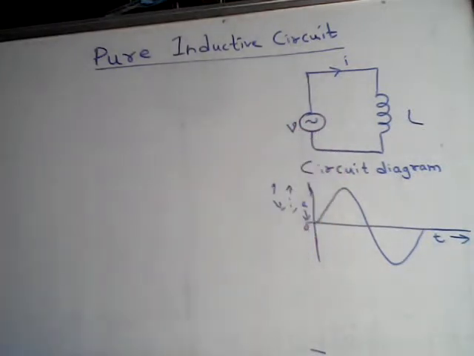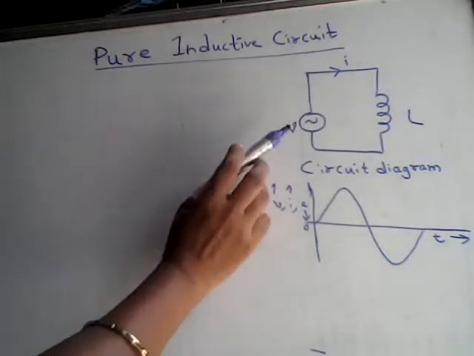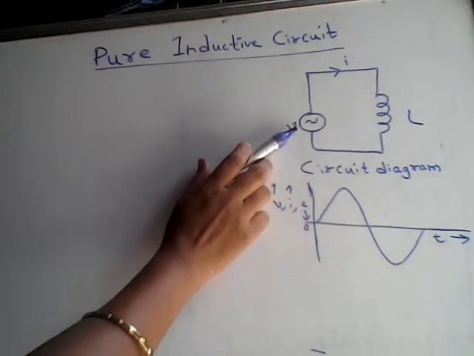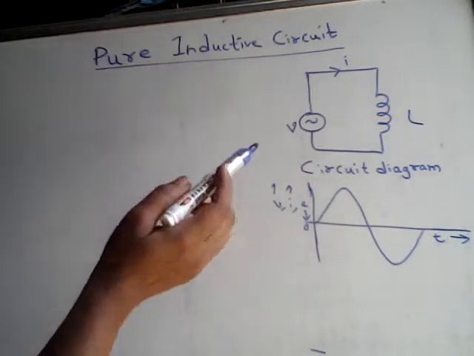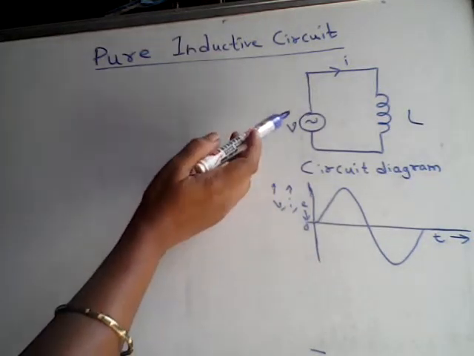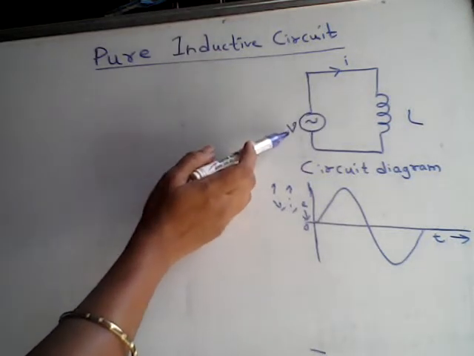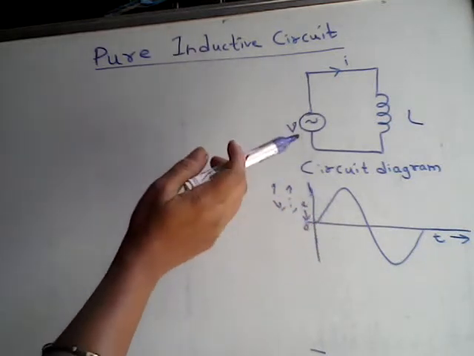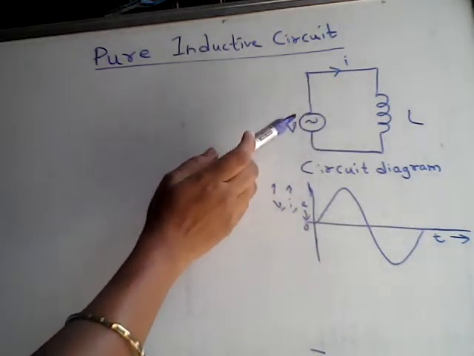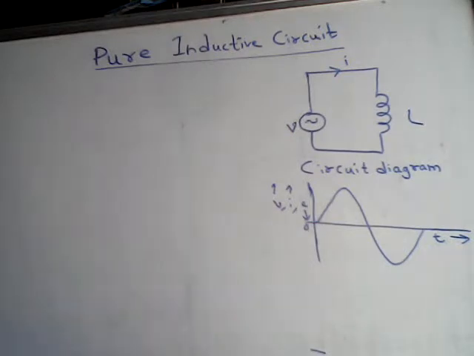and this inductor has got the capability to generate EMF. It is going to induce the EMF due to the application of external voltage, that is V. So that voltage which is generated due to the effect of this applied voltage can be represented on the waveform, but that voltage will be opposite to the direction of the applied voltage.